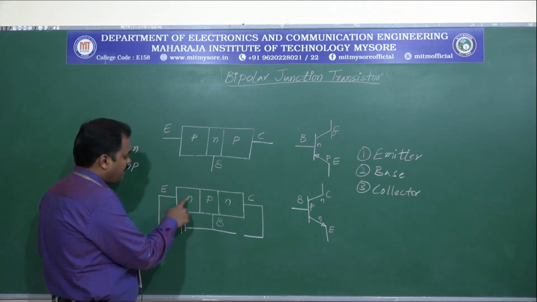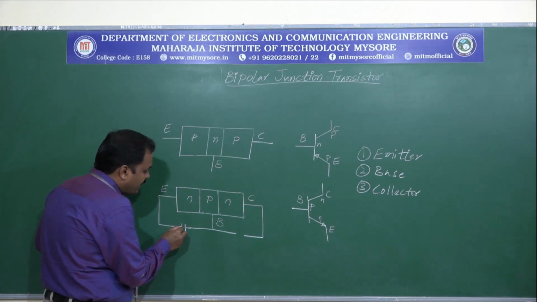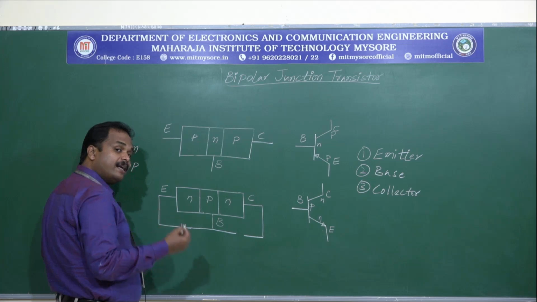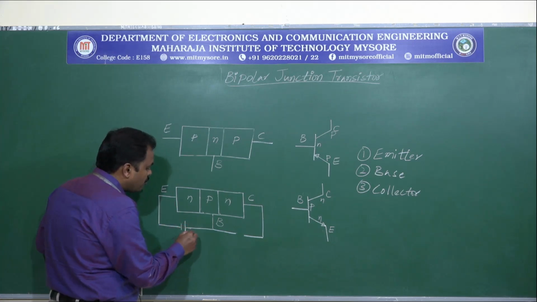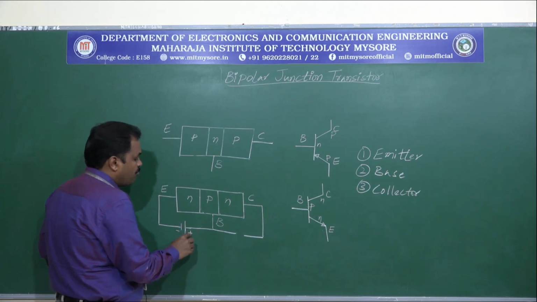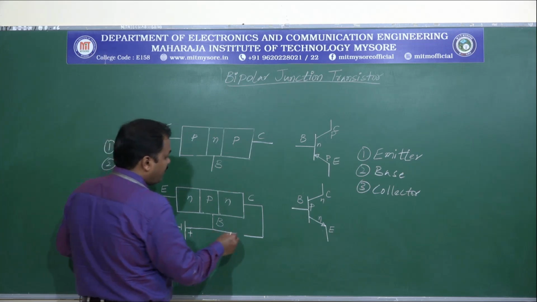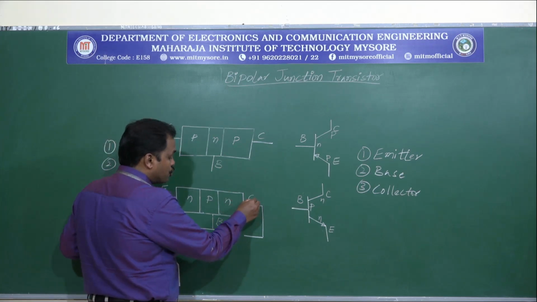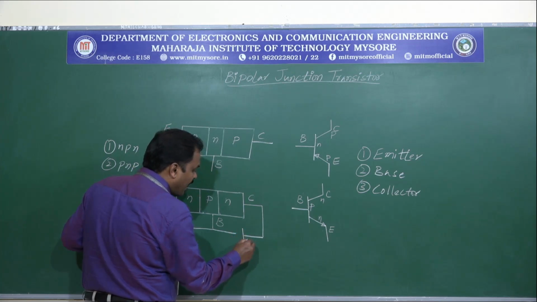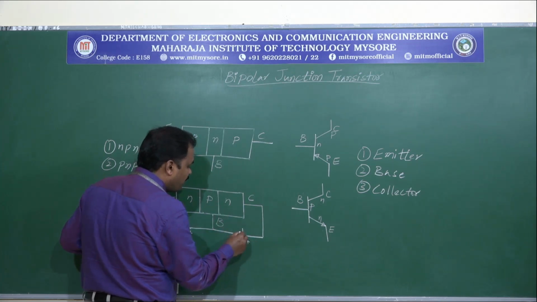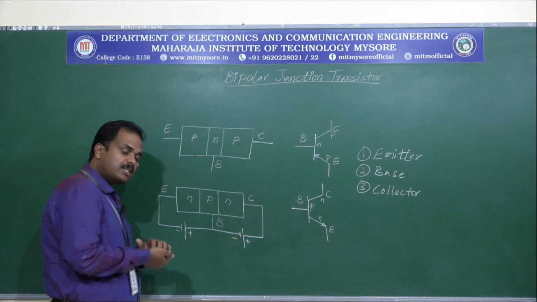Here you can see the emitter is N type, so we connect the negative terminal of the battery to the emitter region, and the positive terminal of the battery should be connected to the P type base region. And on the output side, the N type collector should be connected to the positive terminal of the battery, whereas the P type base should be connected to the negative terminal of the battery.